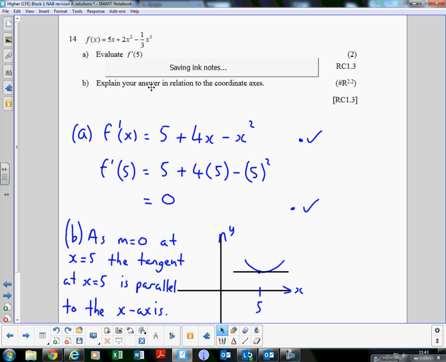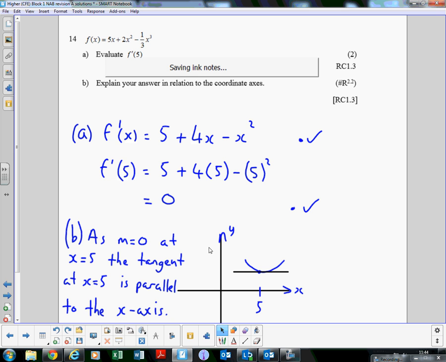Part b, explain your answer in relation to the coordinate axes. When we find f dashed, we are finding either the rate of change, or the derivative, or the gradient of a function at a certain point. Because we're relating it to the coordinate axes, it's basically saying it's a graphing question.